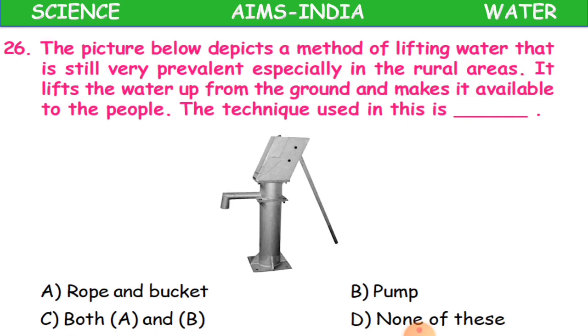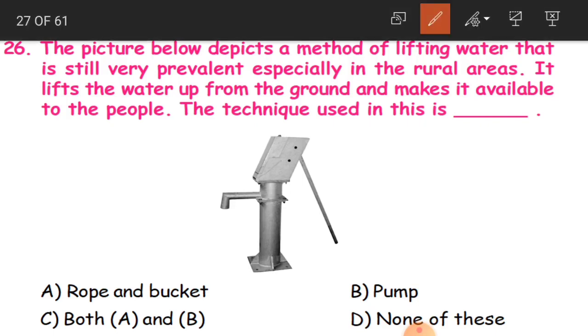The picture below depicts a method of lifting water that is still very prevalent, especially in the rural areas. It lifts the water up from the ground and makes it available to the people. The technique used in this is, okay, so here you have seen a water pump, that is a bore well, children, that is bore pump.